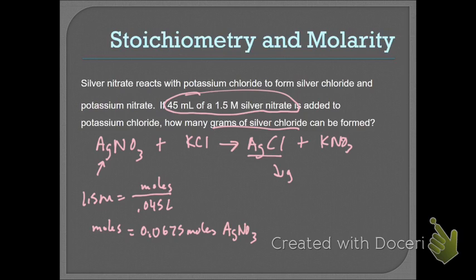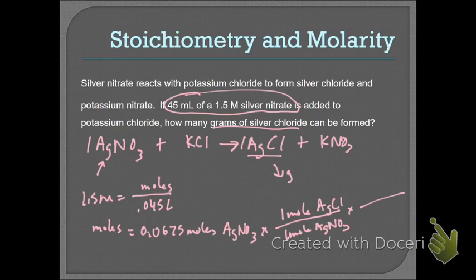Okay, so now I have this. I know there's a 1-to-1 ratio. So for every 1 mole of AgNO3, there's 1 mole of AgCl.